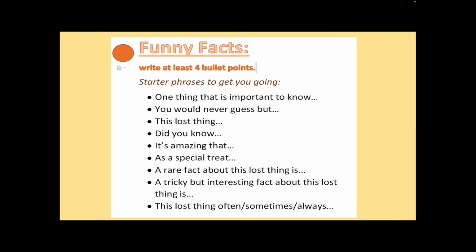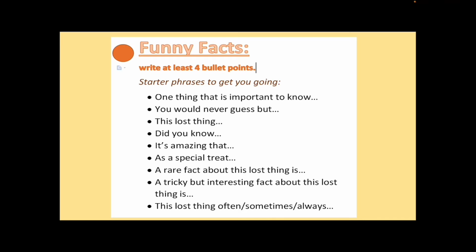If you're feeling a little bit more confident and you're thinking, I could go for an orange challenge, you need to write at least 4 bullet points. And I have given you a range of starter phrases to get you going. Hopefully, if you think about your lost thing, you're going to have to think about some funny facts to do with your lost thing.